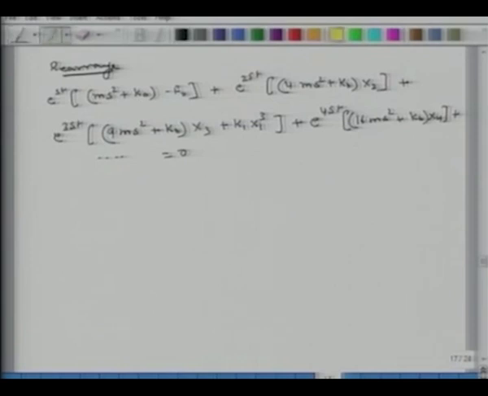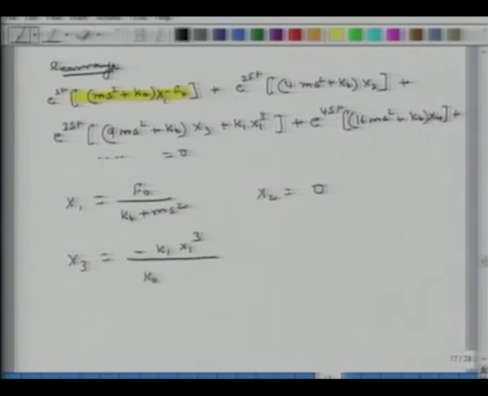So from this first one I write my first relation, x1 equals f naught over k naught plus M s square. What is x2? 0. x2 is 0. x3 is minus k1 x1 cube over k naught plus 9 M s square. x4? 0.